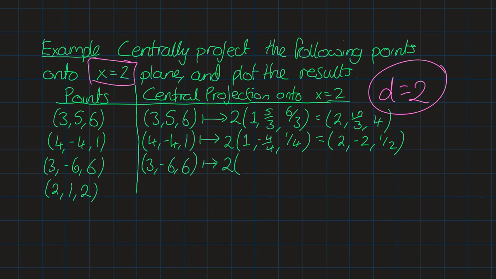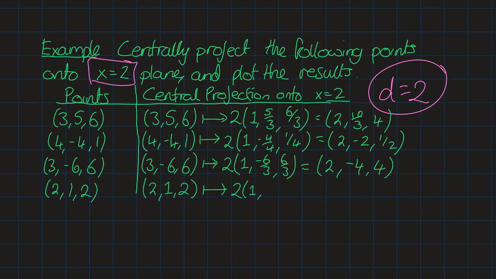This goes to 2, 1, minus 6 divided by 3, 6 divided by 3, which is 2, minus 4, 4. And finally, the last one, 2, 1, 2, goes to 2 times 1, 1 over 2, 2 over 2, which is 2, 1, 2.